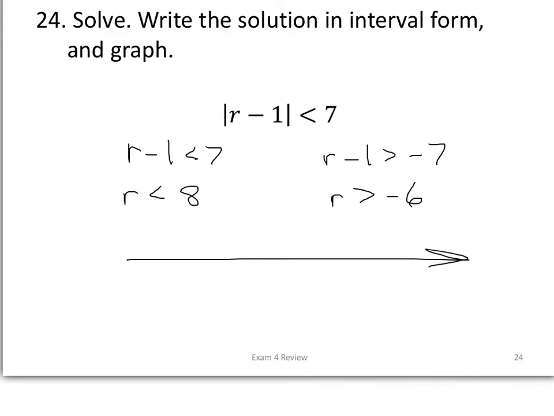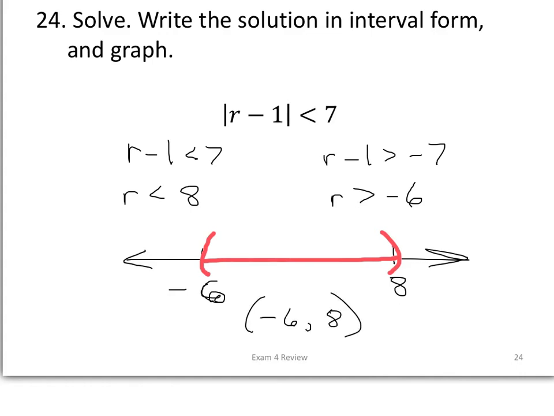So here's negative 6, and here's 8. So it's less than, and there's no equal component. We use parentheses instead of brackets. And our interval is going to be negative 6, 8.